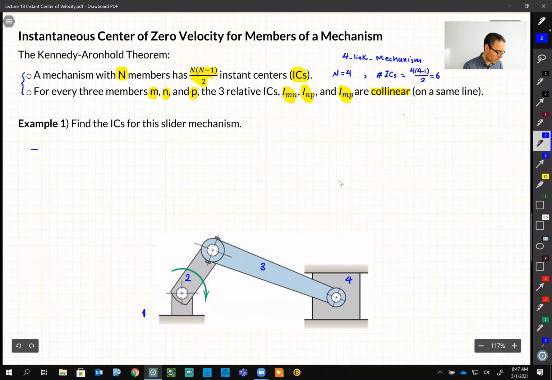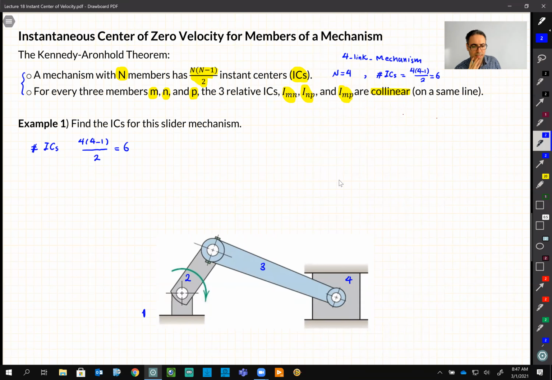So the number of ICs is 4 times (4 minus 1), divided by 2, which is 6. You should be able to find 6 instant centers, so please try that. You have 1 minute.